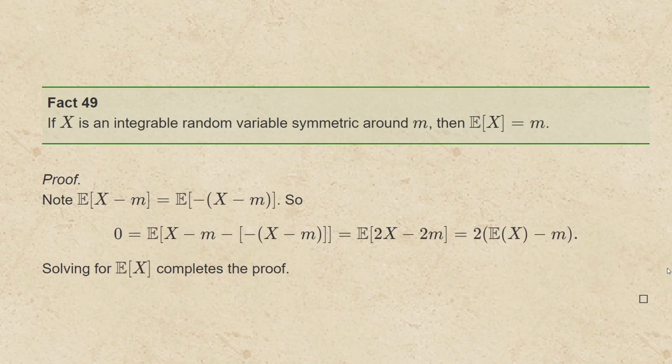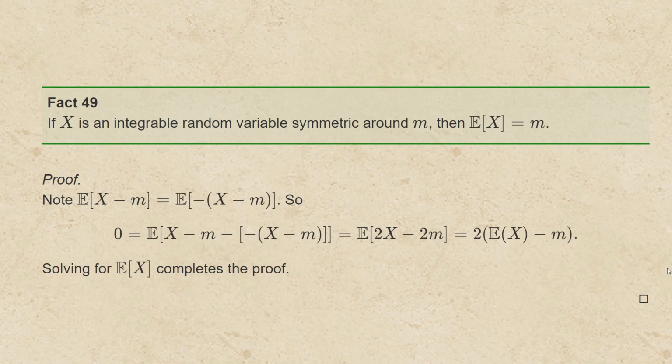Why is symmetry useful? Well, if x is an integrable random variable symmetric around the value m, then the mean of x has to equal m. Now the reason for that is that the expectation of x minus m will equal the expectation of negative x minus m. So if I take one and subtract it from the other, I'm going to get 0.